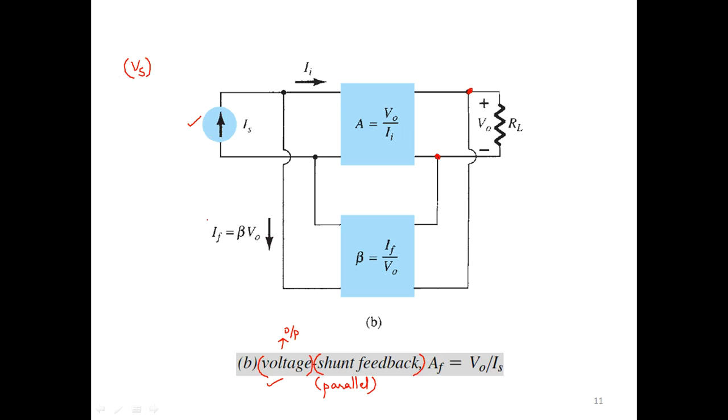now the feedback we are taking only the current out of it. We are not interested in the voltage. So If is the feedback current. It can be represented as beta into V naught. Now this feedback current is in parallel with respect to the input current, which is Is.